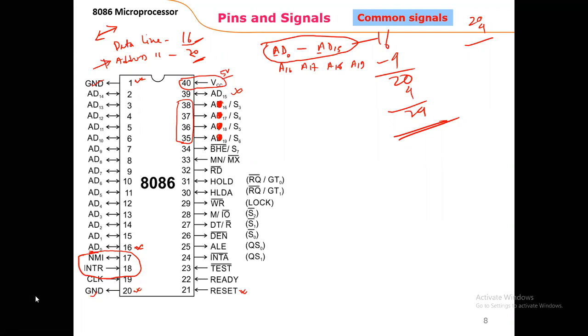So interrupt are two types. These are the non-maskable interrupt and the maskable interrupt. Okay, interrupt are two types. All are clear? Interrupt are two types: maskable interrupt and non-maskable interrupt. Abdul Basit is the departmental head, so his priority, the most priority.